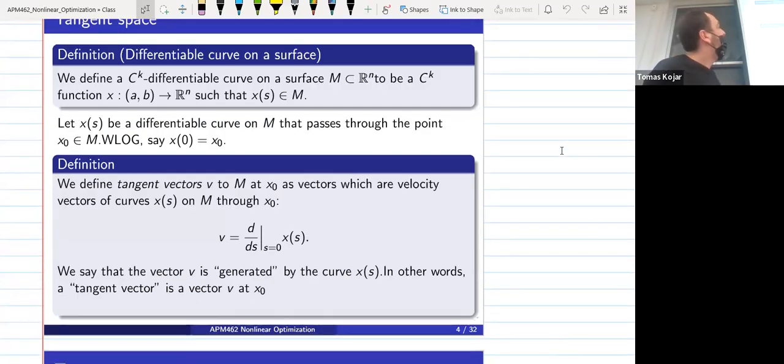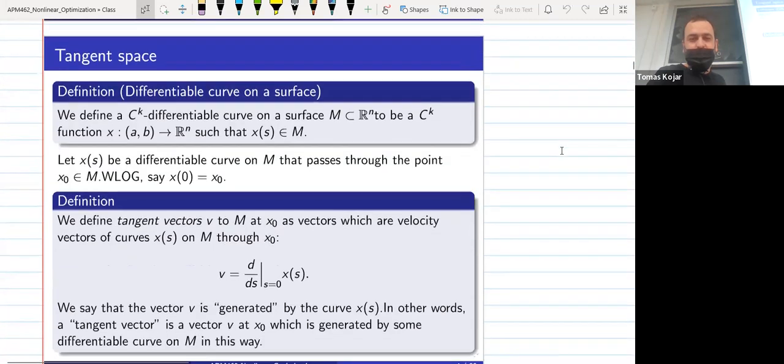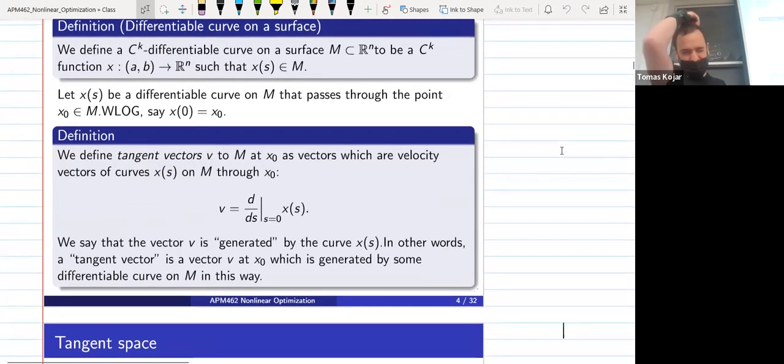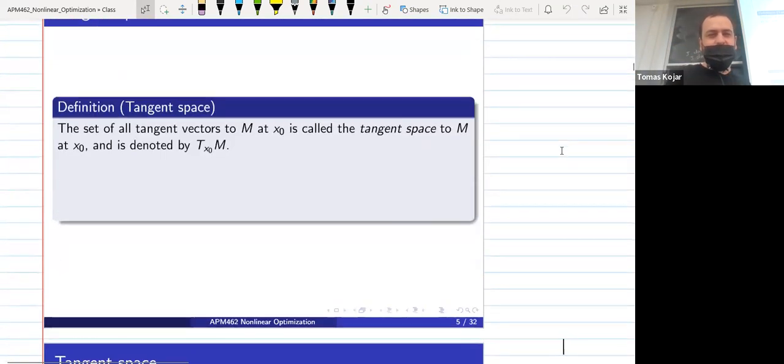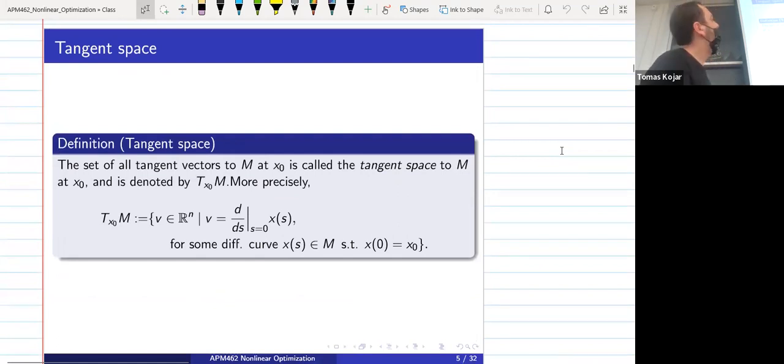All these vectors that we just drew are called tangent vectors. If you put them all together, the set of all these tangent vectors is called the tangent space. Let me go here and talk about it in detail. Again, we fix a point x naught, and then you will have a bunch of vectors.